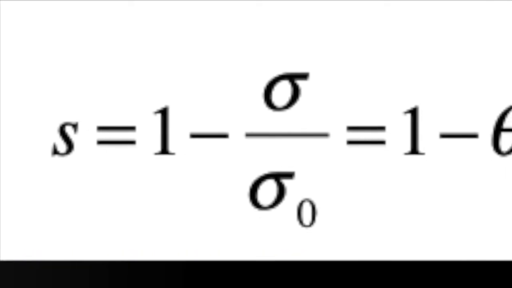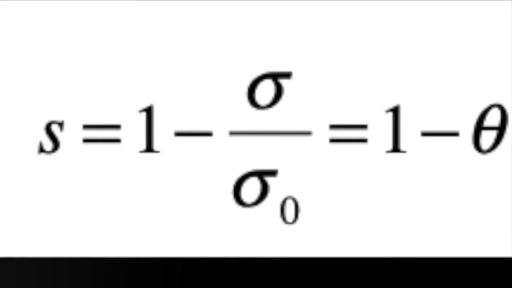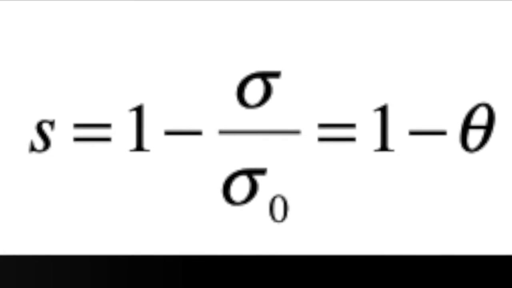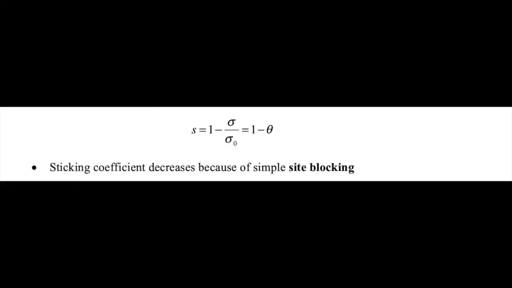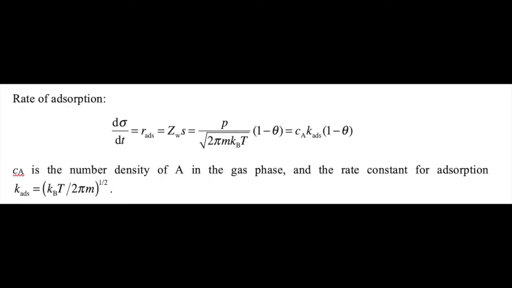Therefore, the sticking coefficient is equal to the probability of striking an empty site, and that's given by 1 minus theta. The sticking coefficient decreases because of simple site blocking. The rate of adsorption is therefore the impingement rate times the sticking coefficient.